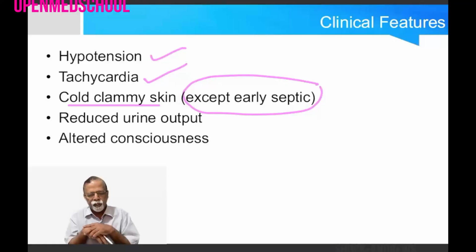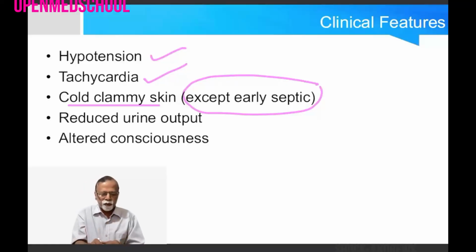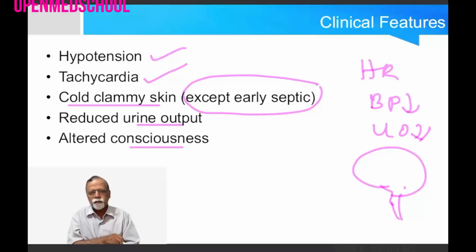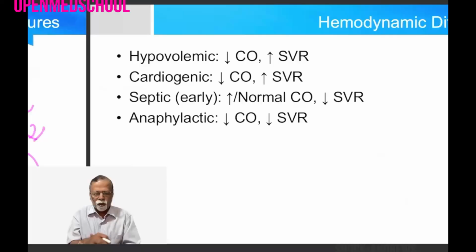So the skin will be warm in case of septic shock. Decreased urine output and altered sensorium. So remember these very important findings. First, the heart rate increases, the BP decreases, the urine output decreases, and the patient will have altered sensorium. These are the features of shock.